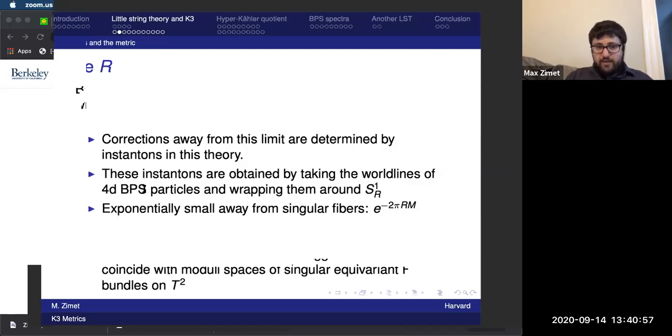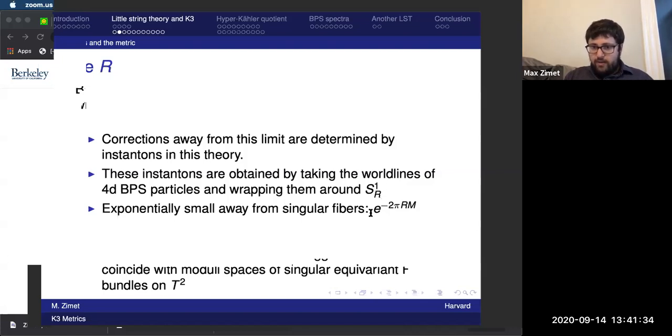Okay, I need a way to distinguish between the little string theory compactified on T2 and the little string theory compactified on T3. So I will call the first one the 4-dimensional theory and the second one the 3-dimensional theory, even though they're both 6-dimensional, just because I'll count the non-compact dimensions of the 5 brane. So with that in mind, the instantons that describe corrections to the semi-flat metric are just provided by 4-dimensional BPS particles wrapping this very large circle.